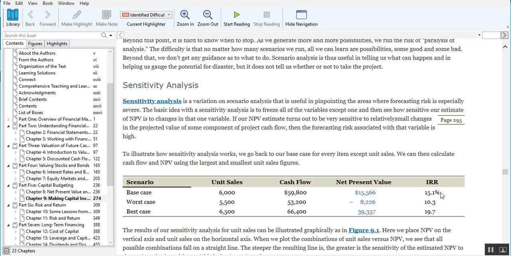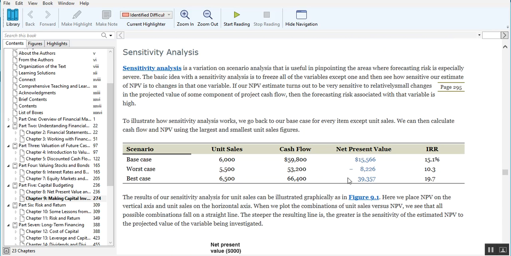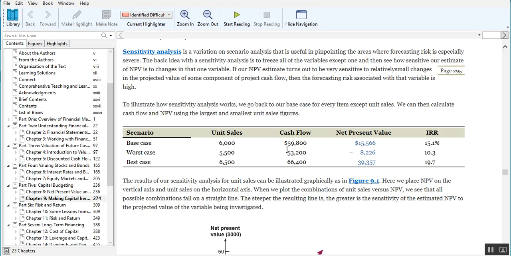When we talk about sensitivity analysis, what we're looking at is where might the forecasting risk be severe. So in this case, when we're talking about the severity of forecasting risk, we would look here and see in this net present value how much change there is in this worst case scenario from the base and the best.